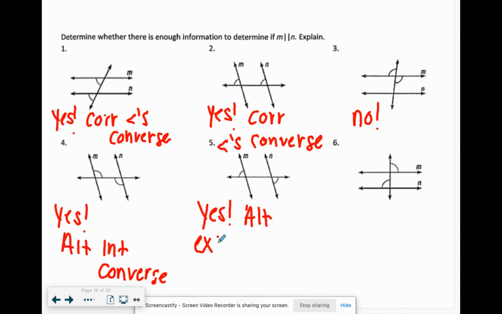Alternate exterior, converse. What about number 6? Are those 2 angles anything special to us? No. Nope.